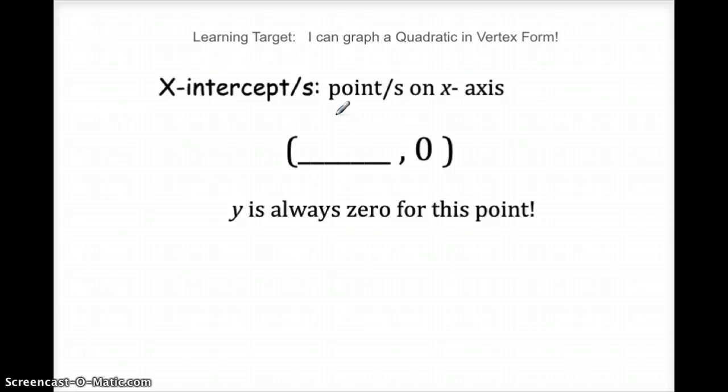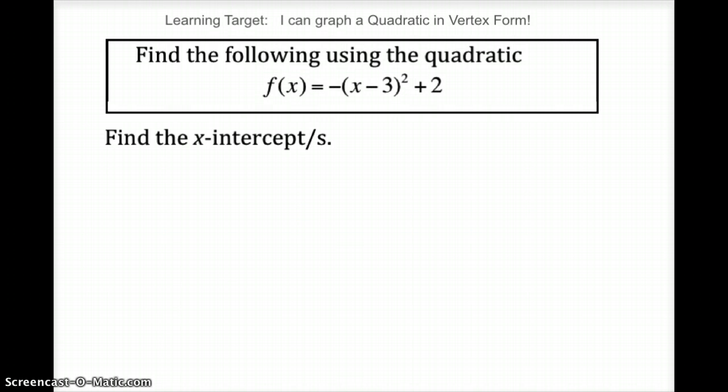All right, okie dokie. The x-intercepts are points on the x-axis, and I can move that point and the value of x changes. However, the value of y is always 0. It stays the same. I'm going to use that to my advantage again. I know that y is 0, so I need to find x.